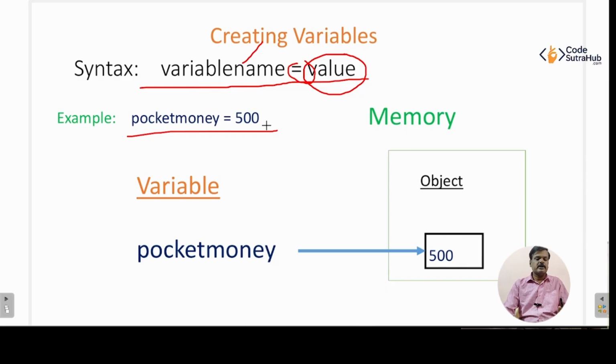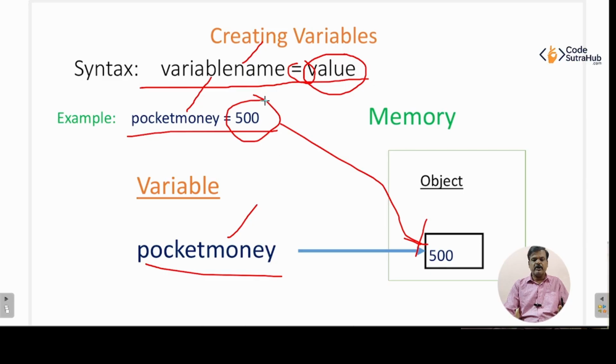Here, pocket money is the name of the variable, and 500 is the value which is stored as an object in memory. Now, pocket money is a name that refers to the value in memory.